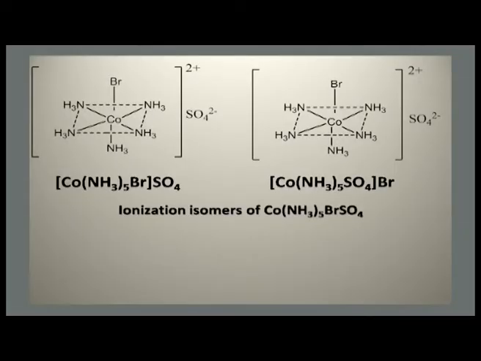For example, the molecular formula [Co(NH3)5Br]SO4 has two possible ionization isomers, that are [Co(NH3)5Br]SO4 and [Co(NH3)5SO4]Br. [Co(NH3)5Br]SO4, when dissolved in water, releases sulfate ion and gives a positive test for sulfate, that is, when barium chloride solution is added to the solution of [Co(NH3)5Br]SO4, a white precipitate of barium sulfate forms.